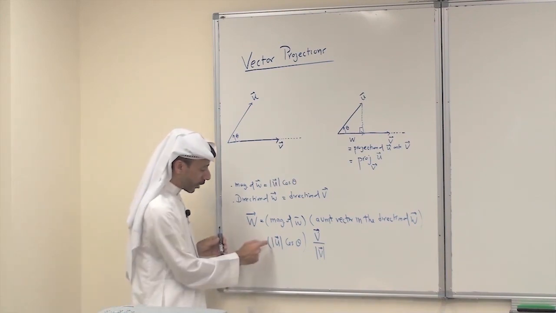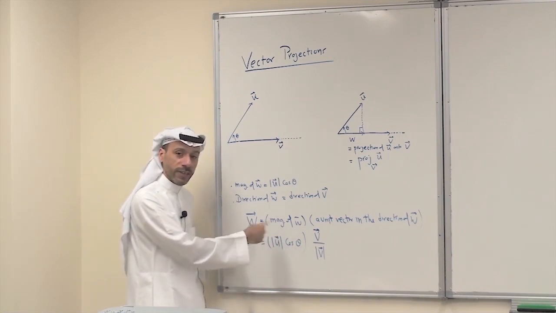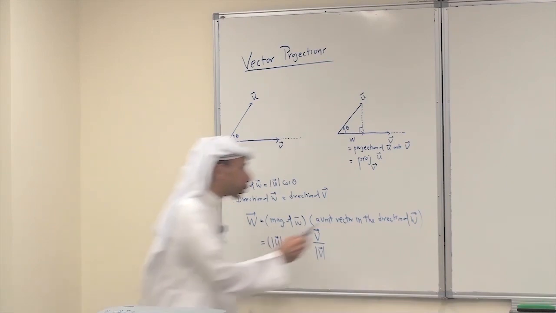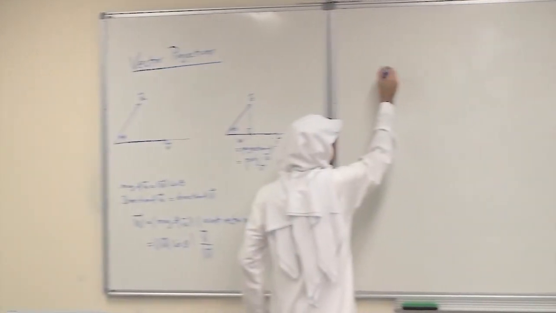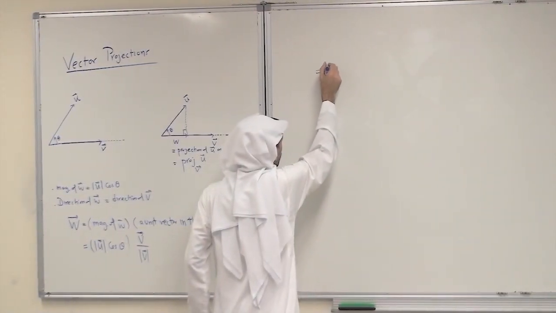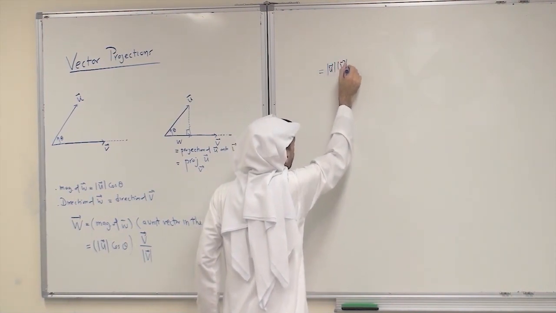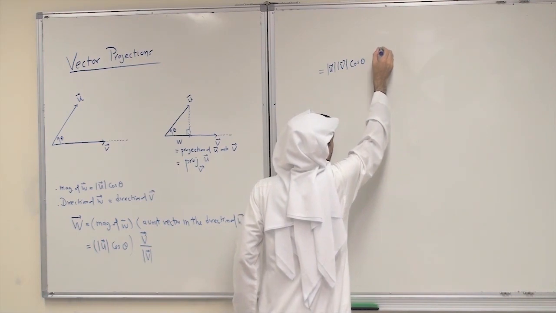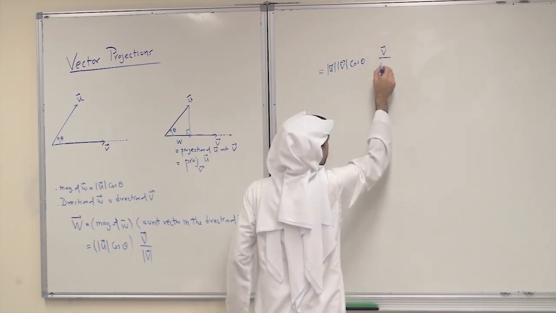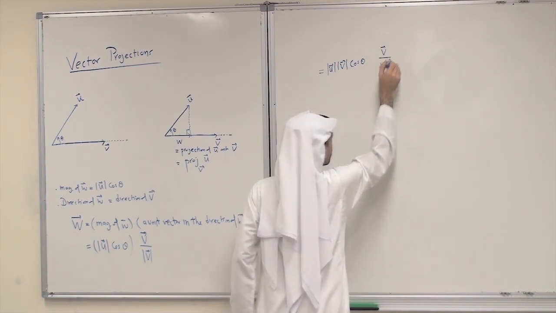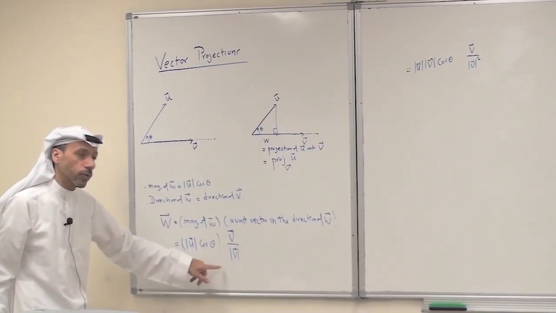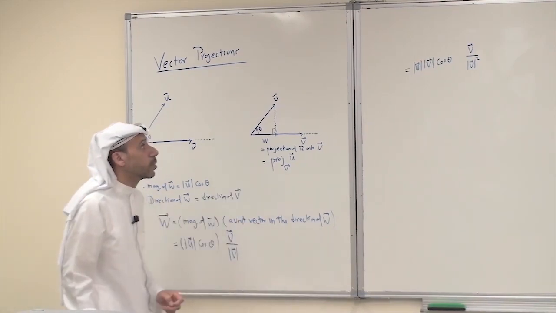Using the properties of the dot product, we can rewrite this in a different way. Remember, if I have the magnitude of U, then I will have the dot product of U and V. So just multiply and divide by the magnitude of V. So when you multiply, you get the following: magnitude of U, magnitude of V, cosine theta, times the vector V over magnitude of V squared, because I multiplied and divided by the magnitude of V. So I have magnitude of V squared.